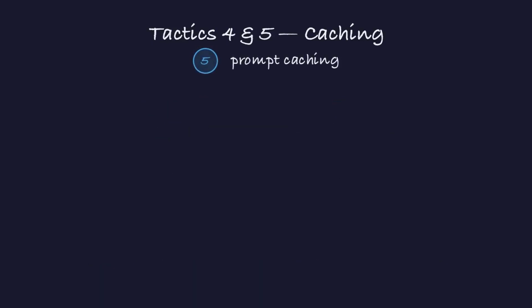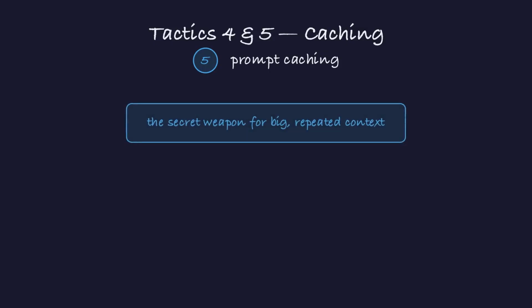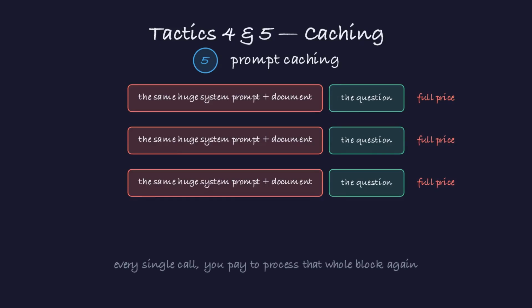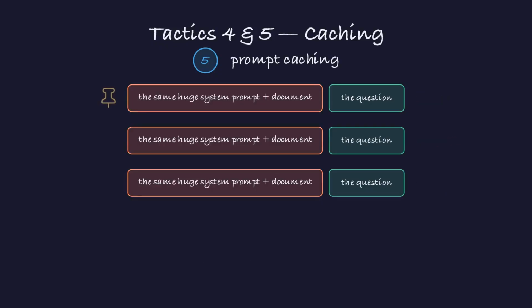Tactic 5. Prompt caching. And this one is a secret weapon for anyone sending big, repeated context. Say every request includes the same huge system prompt, or the same long document. Normally, you pay full price to process that giant block every single time. But most providers now let you cache that fixed part.